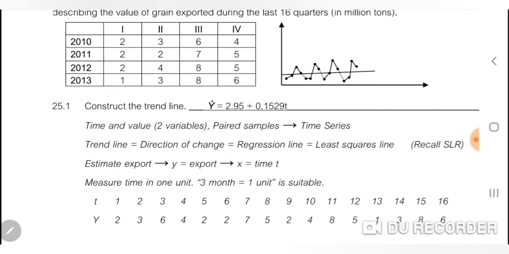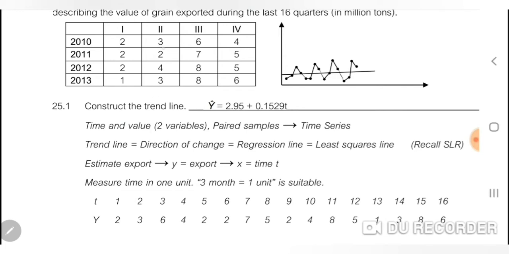Here we don't have a mathematical unit yet. We record only 2010, quarter 1, 2010, quarter 2, and so on. Okay, let's start from the beginning, 0. After 3 months, we record 2.